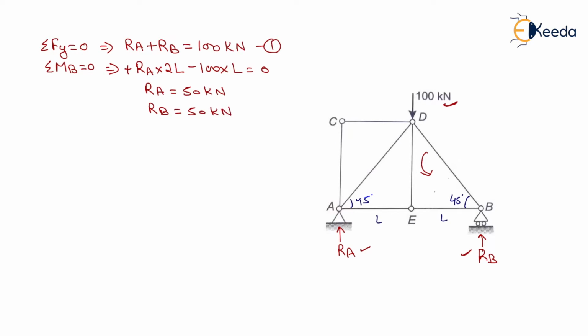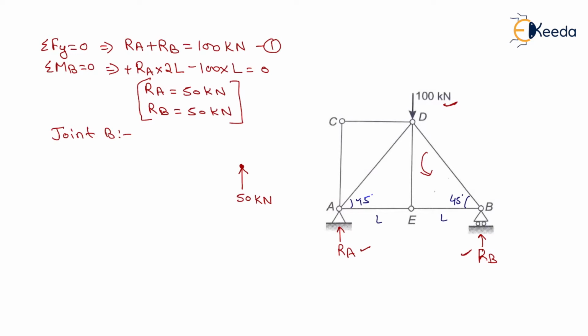So we have determined the support reactions Ra and Rb equal to 50 kilonewton acting in the upward direction. Now we have to consider joint B. At joint B, there is an upward reaction of magnitude 50 kilonewton.